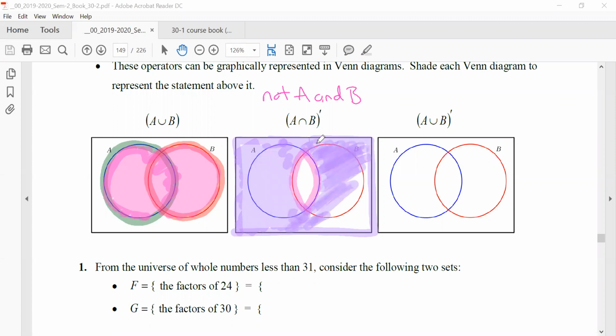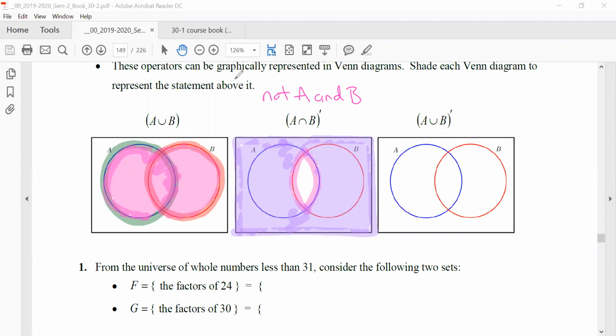Just like that. Bingo. Okay. So again, when I get one of these questions where there's a prime, I like to personally do it first without the prime. I cover it up, and then I shade the opposite of that, what I don't want.